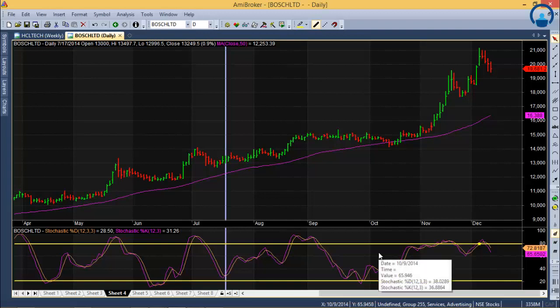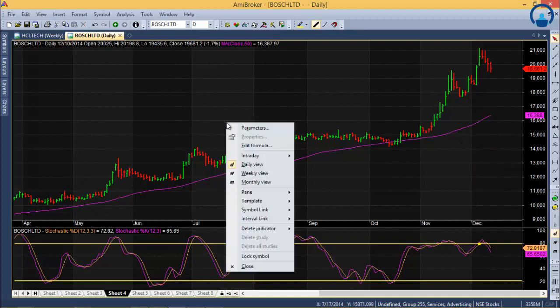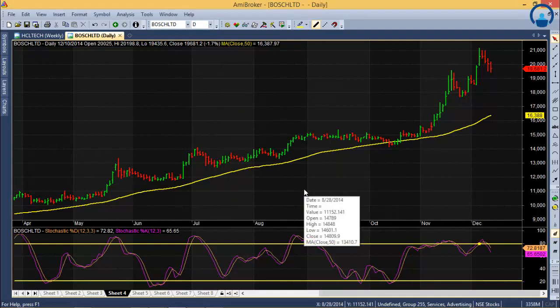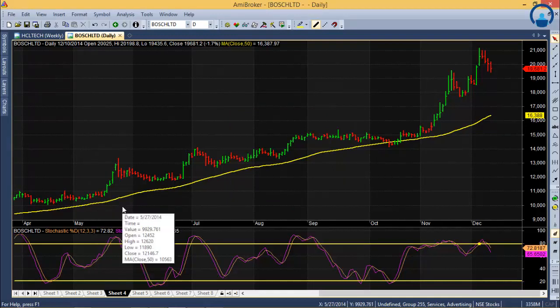Following is a chart of Bosch Limited, which is in an uptrend along with its 50-day simple moving average. I'll make it look better by changing its color and thickness. Change it to yellow color with thick style. Now you can see the moving average clearly. The idea is to buy into this stock every time stochastic reaches the oversold level of 20, in the direction of the moving average.